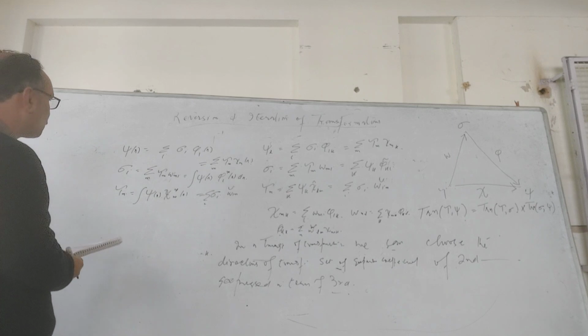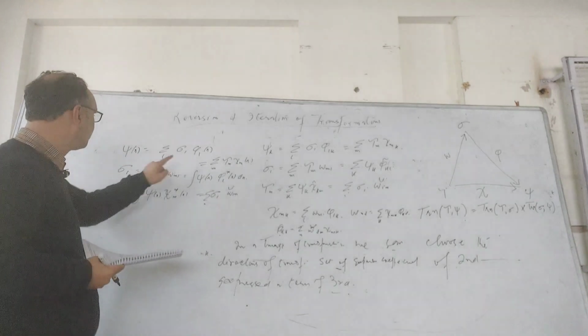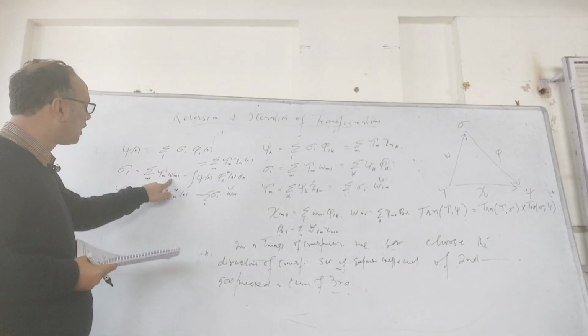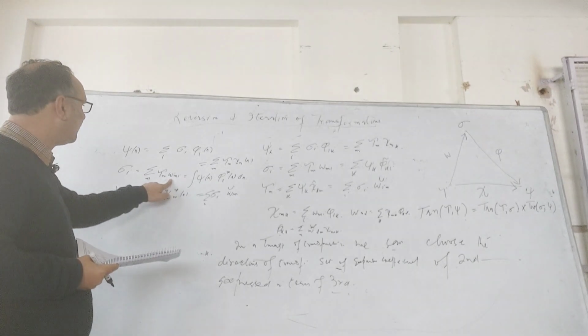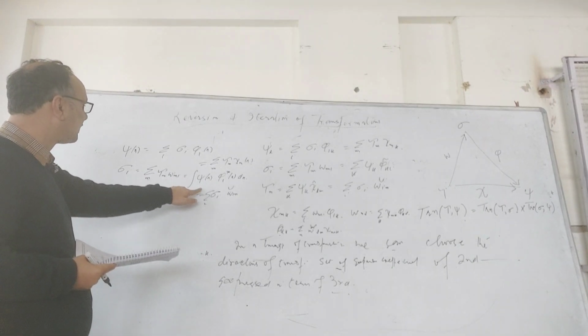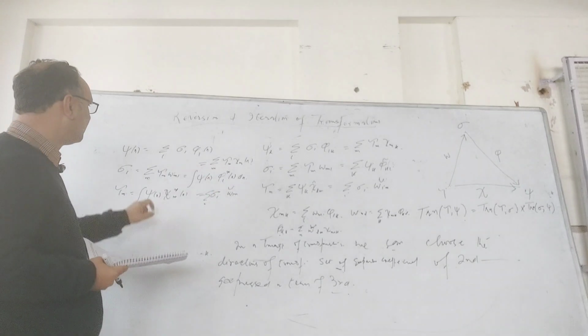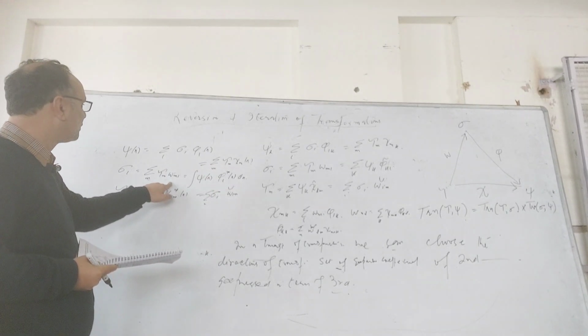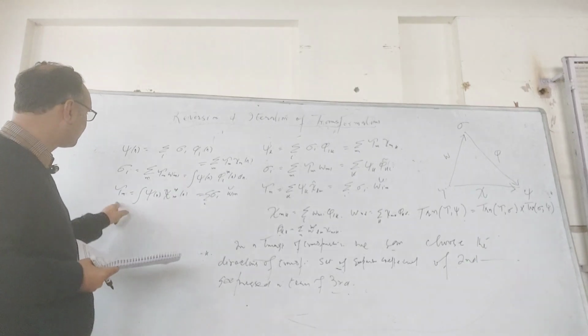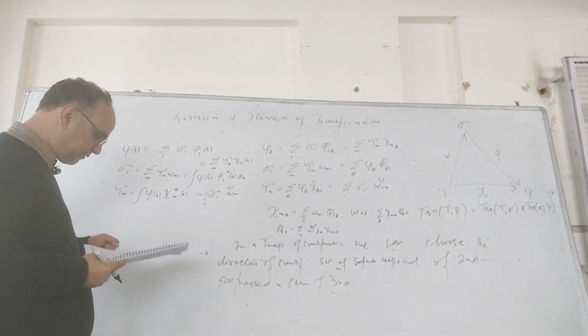Now, you have written psi in terms of sigma and sigma in terms of tau, and further psi in terms of tau and tau in terms of psi and phi, so you can have this thing.